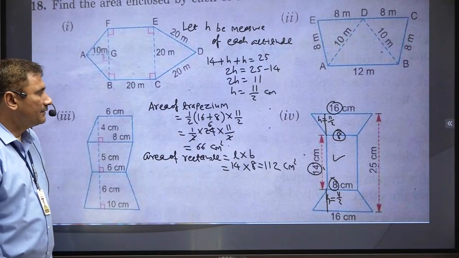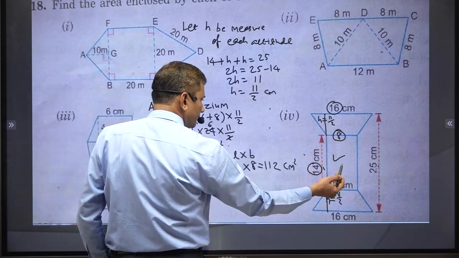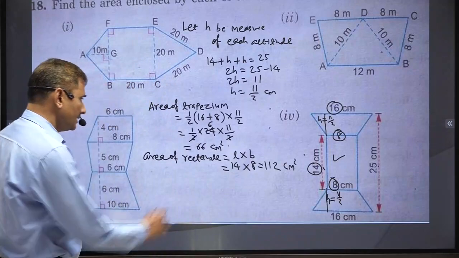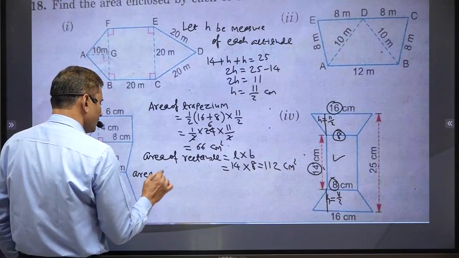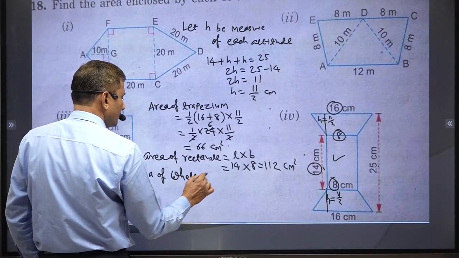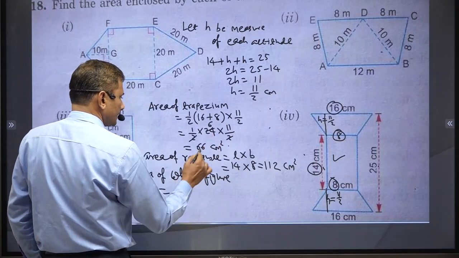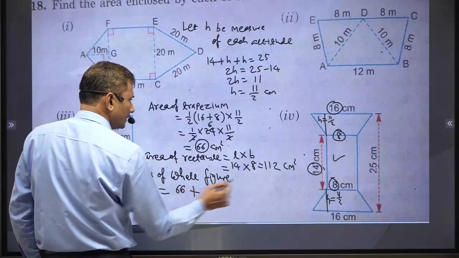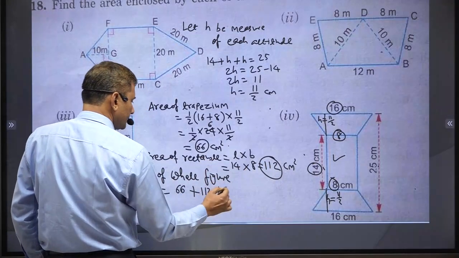Now you have the area of all three parts: 66, 112, 66 again. So add all three, and it will be your final answer. So area of the whole figure equals how much? 66 plus 112 plus again 66.